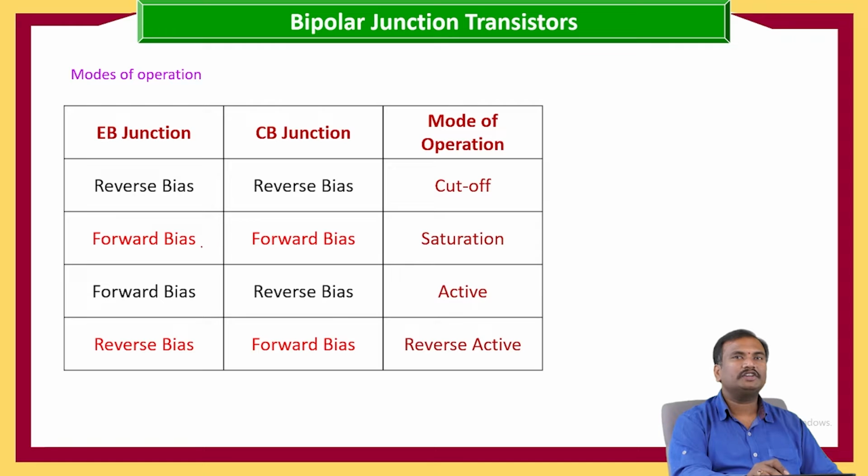If emitter base junction is forward bias and collector base junction is forward bias, then it goes into saturation. And if emitter base junction is forward bias and collector base junction is reverse bias, then it will go in active mode of operation. And if emitter base junction is reverse bias and collector base junction is forward bias, then it is reverse active mode of operation.